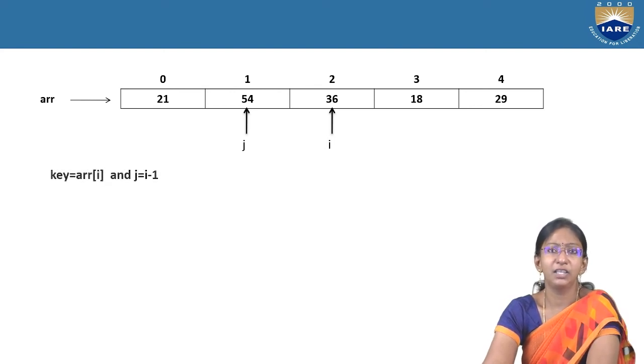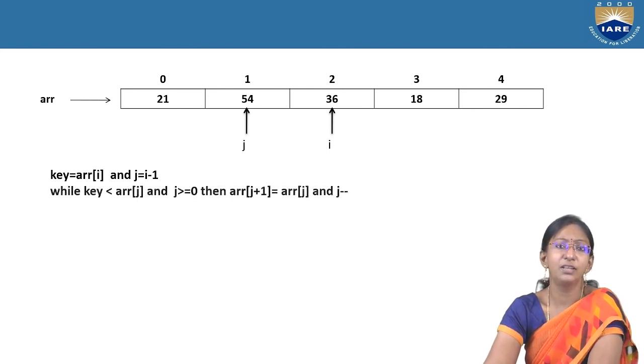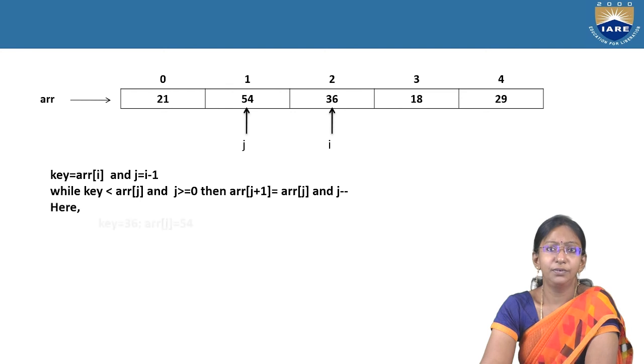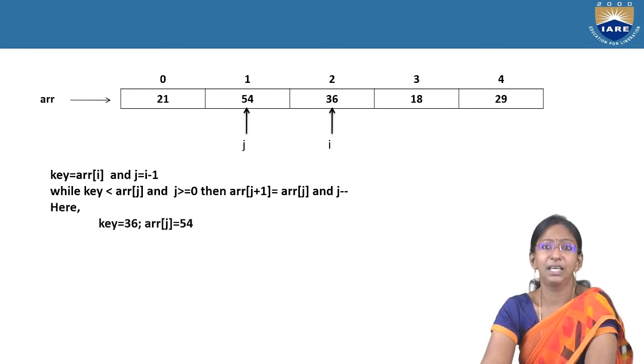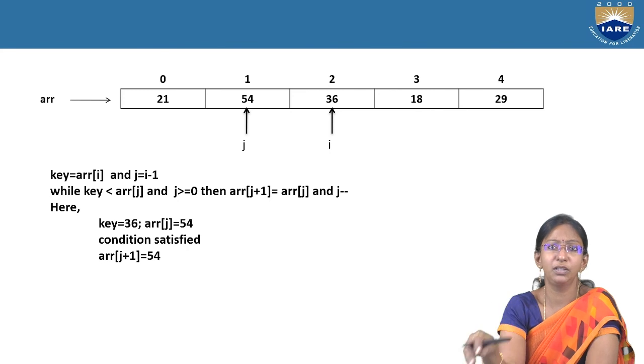Next, the key is pointing to the element pointed by I, which is 36, and j is one step behind it. Compare the key and the j pointer element. So if the condition 36 is less than 54, condition satisfied. As it is satisfied, now place the jth element, that is 54, in j plus 1.